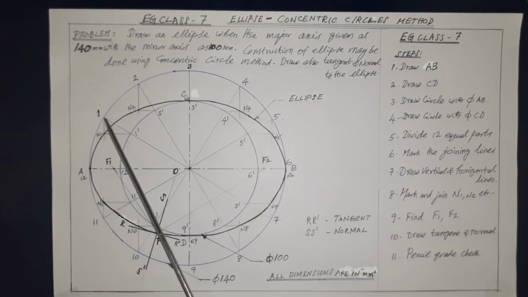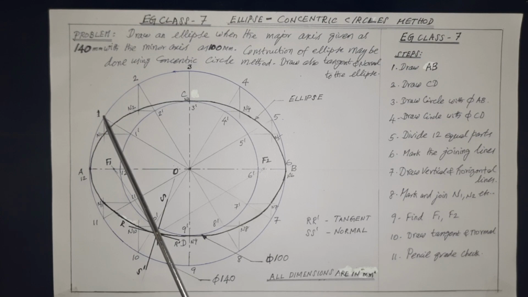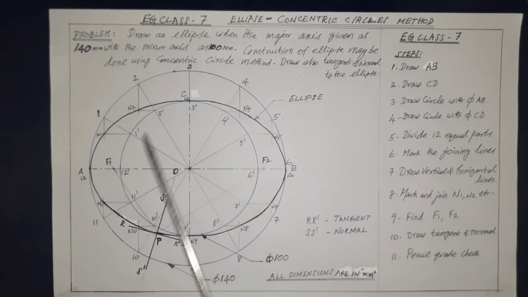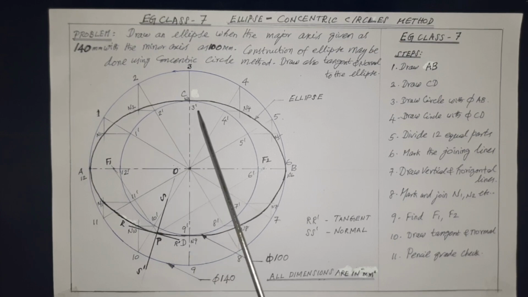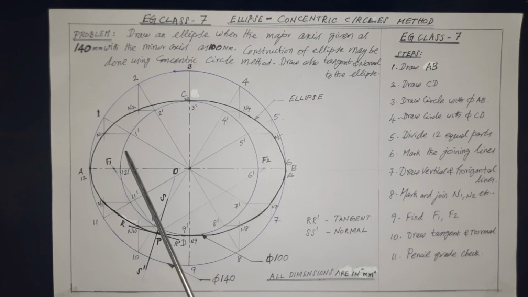This line cutting or joining with the outer circle is available. Likewise, then mark the inner circle corresponding joining lines as 1 dash, 2 dash, 3 dash, etc. up to 12 dash in the same order as shown.